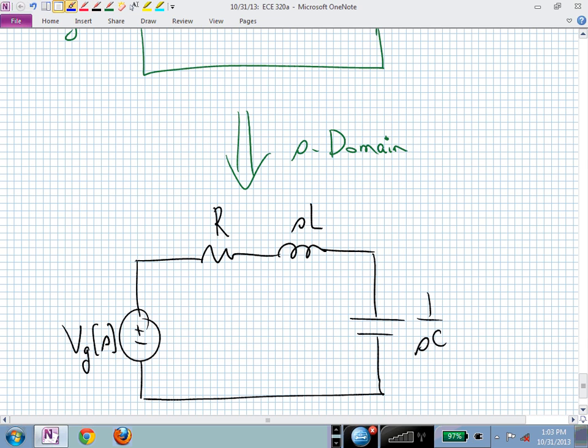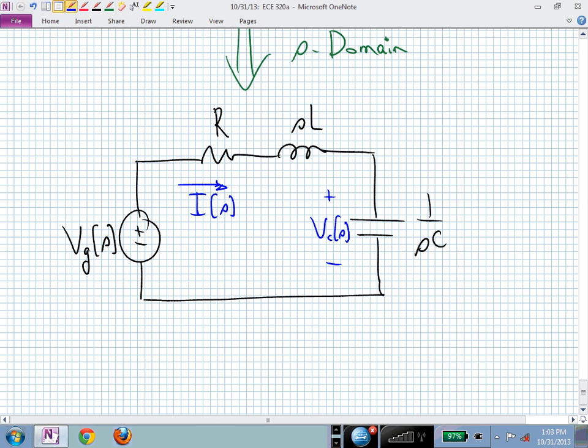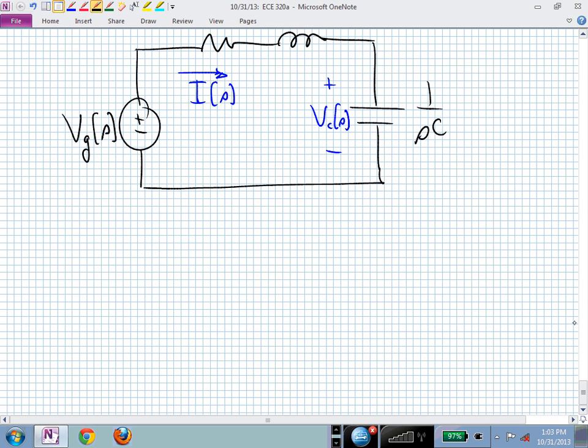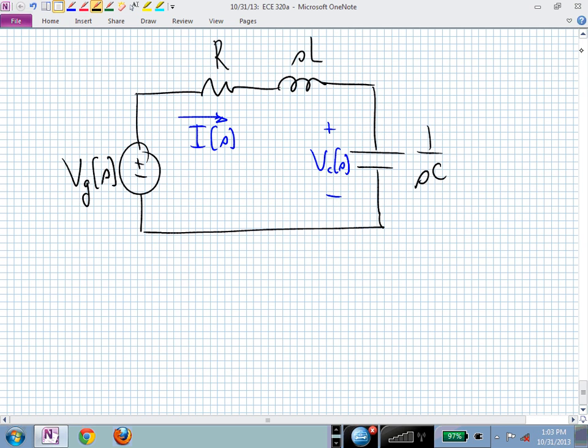And now we can keep track of this series current or the capacitor voltage. But now that we have this modeled in the S domain, this is almost going back to day 1 in 220 with respect to how we analyze circuits.